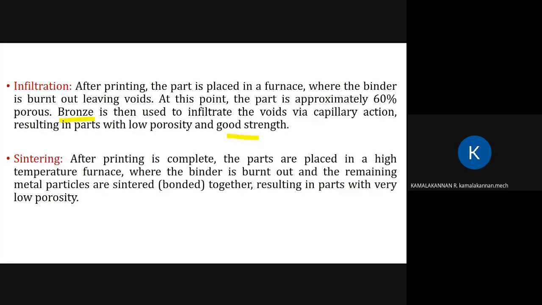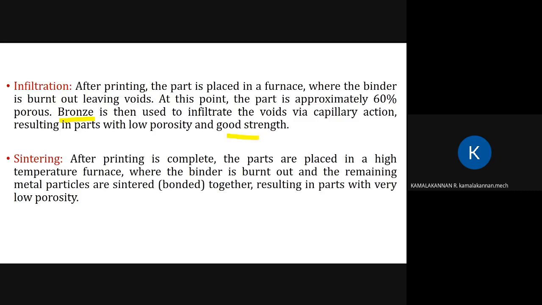Infiltration is where you place the object in the furnace, and the binder will evaporate, and after that the object will be filled with some low temperature material, so that the porosity will be reduced. That is called infiltration. Second one is sintering.